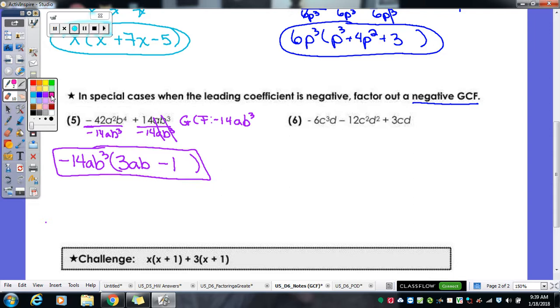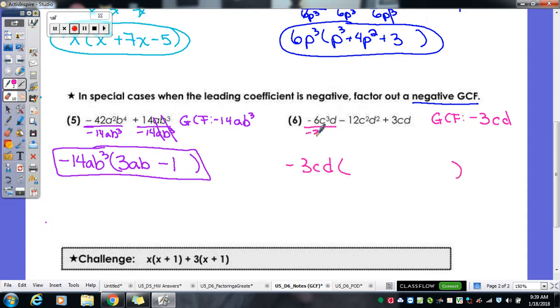So then number 6, what do you think our GCF is going to be? Ooh, our first term's negative though. So negative 3. How about for our letters? C to the what? And D to the, yes. So I'm going to set that up.